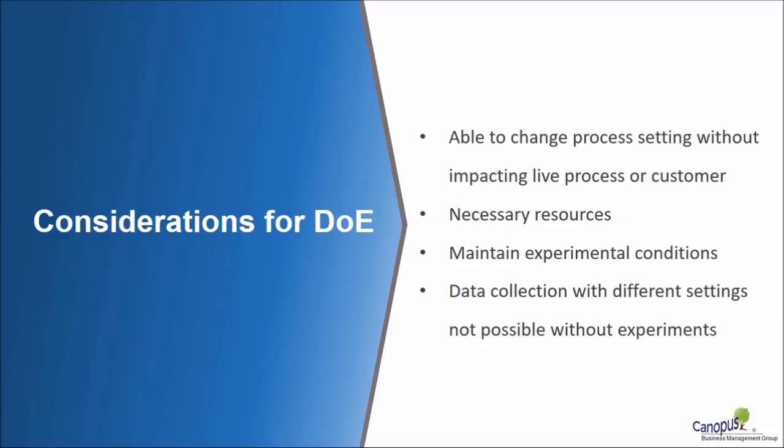You may not be able to go and change the service level of your process, or you may not be in a position to change certain regulatory parameters because they have been locked. In such scenarios, an experiment will be more convenient because we may be able to change the parameters and we may be able to prove the concept in that experimental setup. These broadly define what are the various considerations if you want to take a DOE.